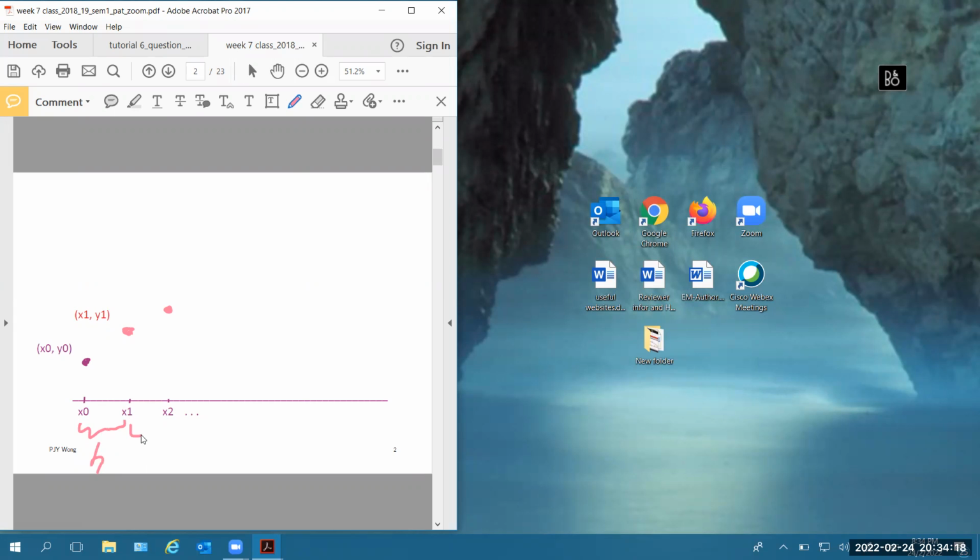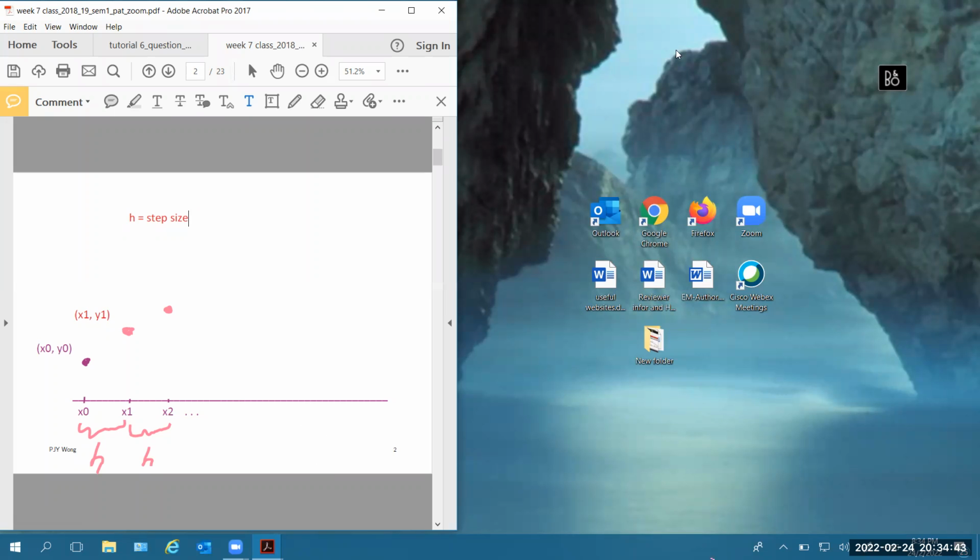Similarly, from x1 to x2, the distance is also h. So any two consecutive x values, the distance is h. Now, this h has a name. This h is called the step size. So what we do is we find the y value at all these x1, x2, x3, and so on.